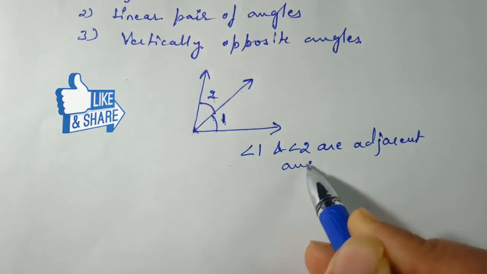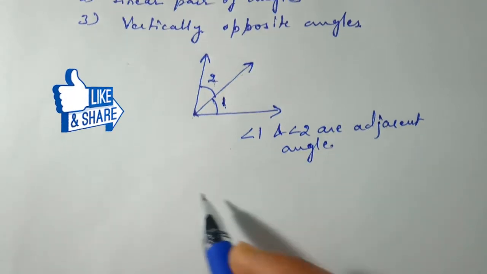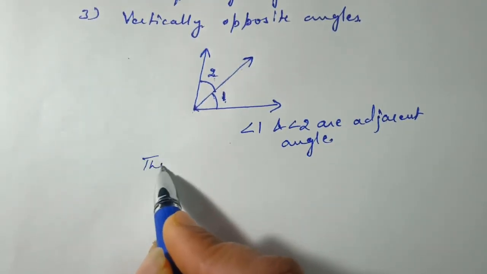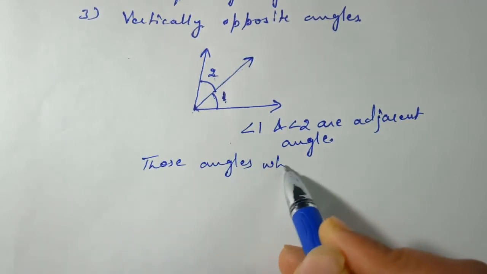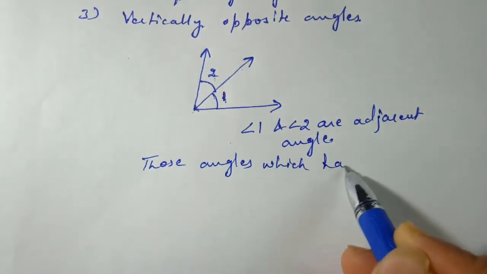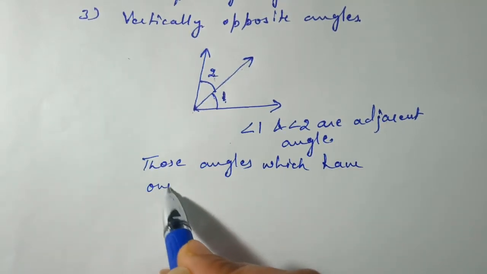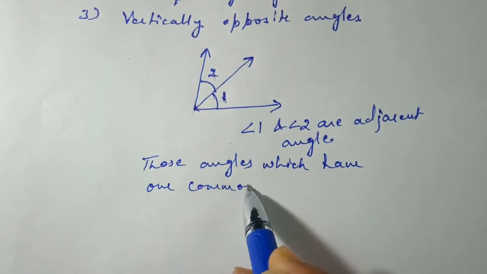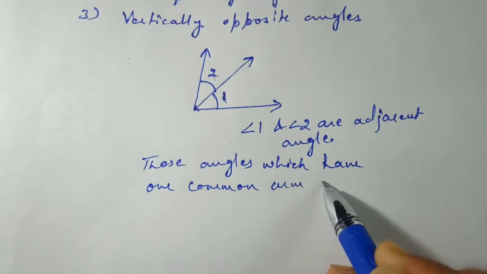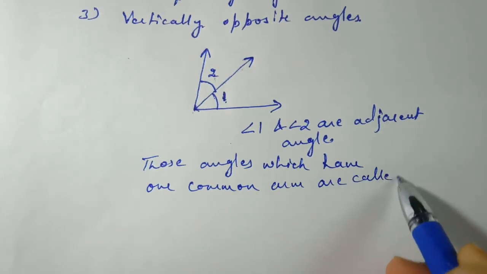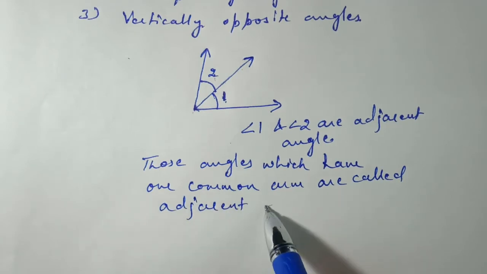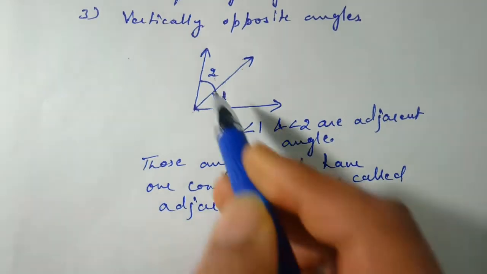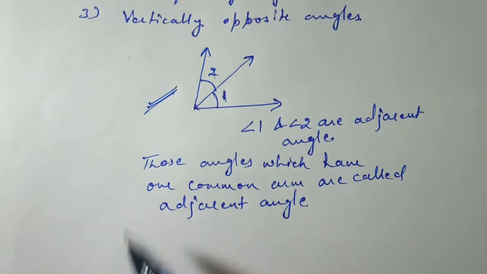So we can define adjacent angles as those angles which have one common arm. Such a figure is forming adjacent angles.